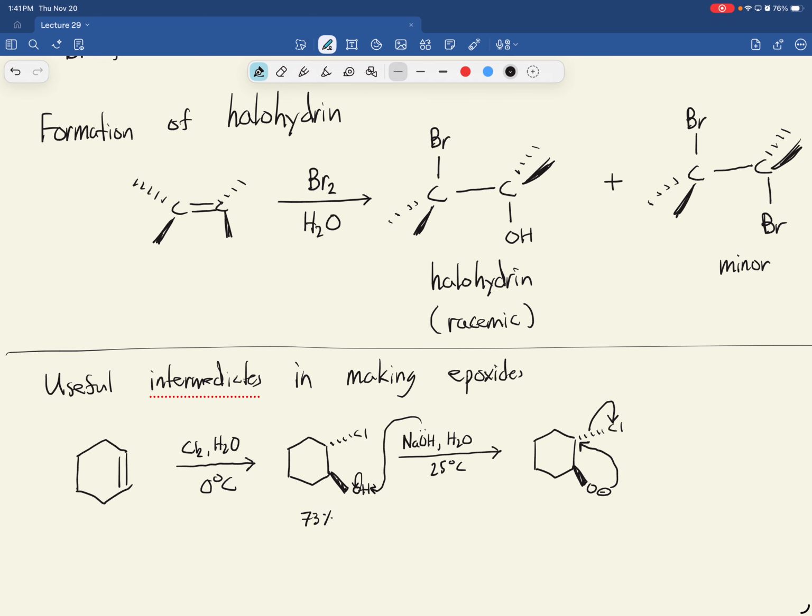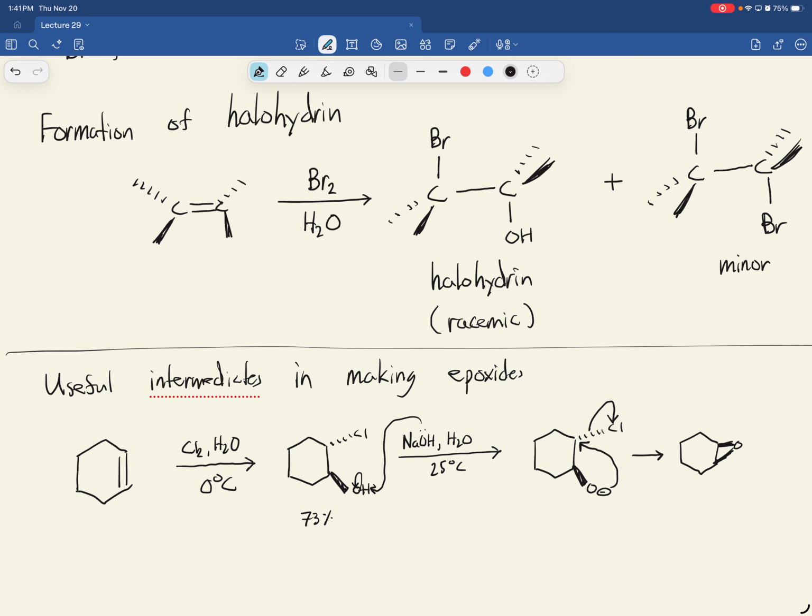Like that. And see, the oxygen is coming from the top face, so the epoxide formed will be from the top face. And of course, you can form the other enantiomer as well. But what's wrong with this? If you think about this, isn't the molecule meso?